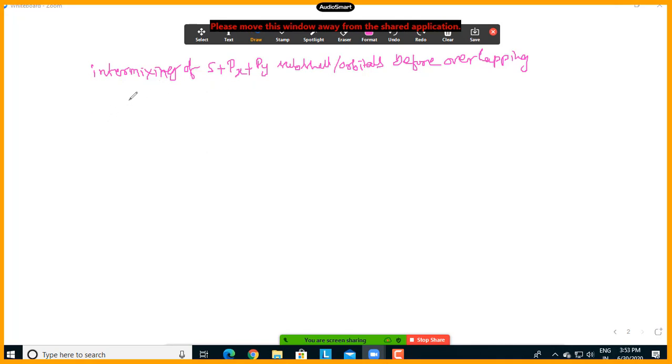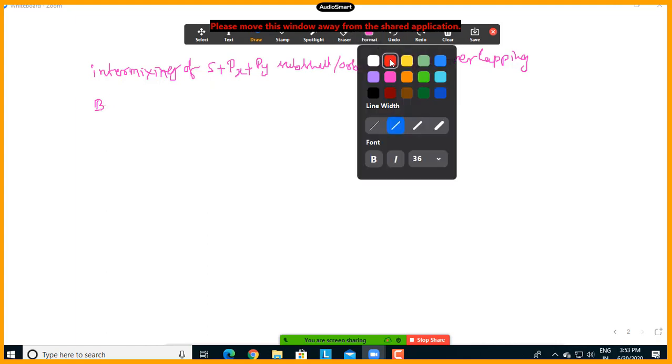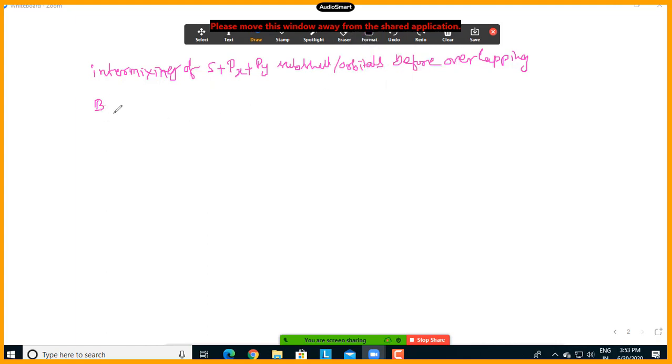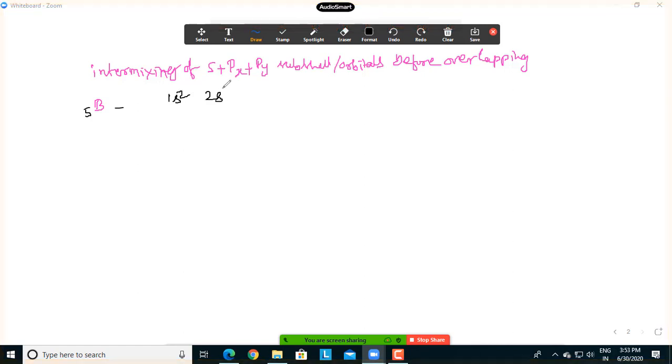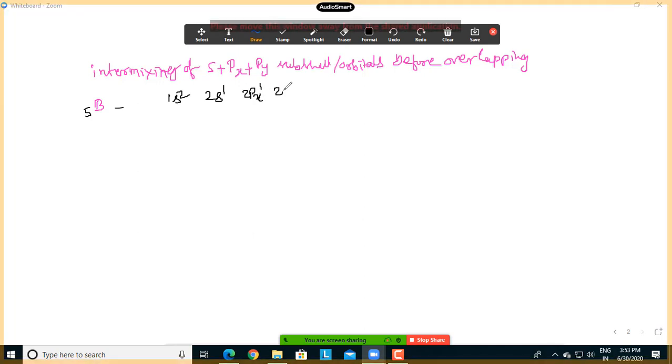So suppose you have boron. So boron, if you have, 1s2, 2s1, 2px1, 2py1, 2pz0.